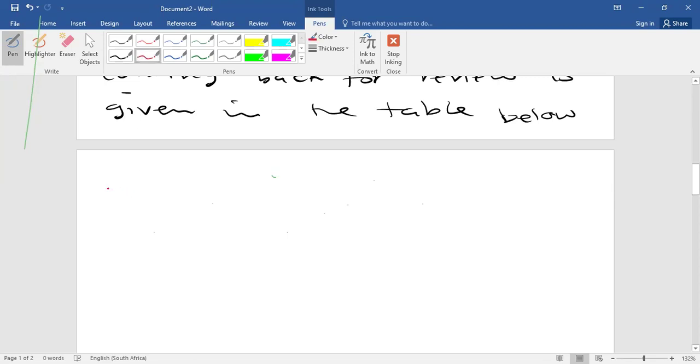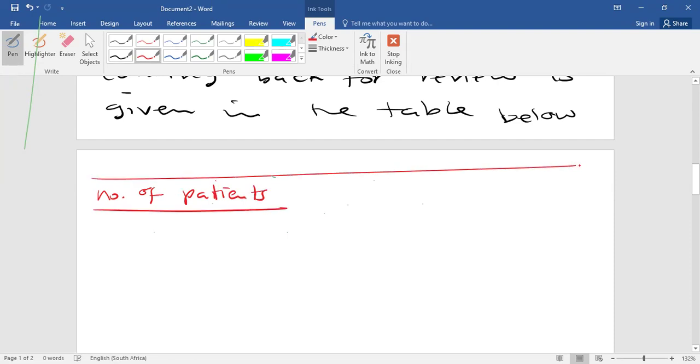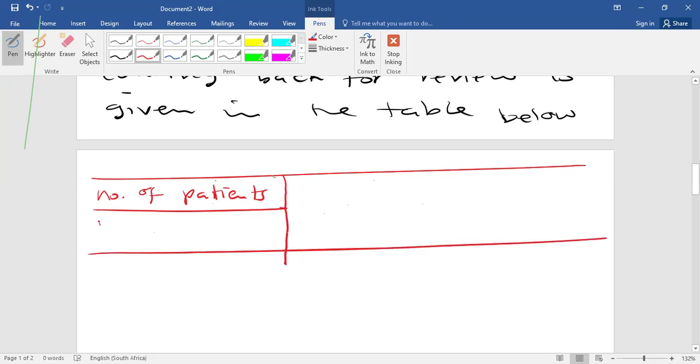The table is this: number of patients, then the probability of coming back for review.